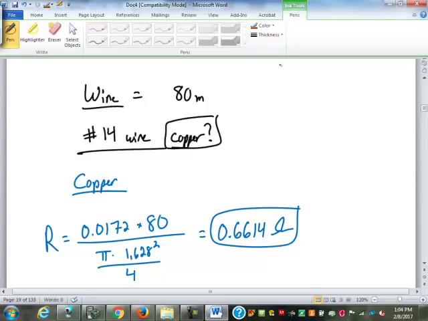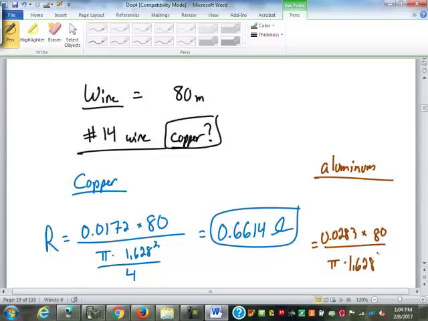What would I expect it to be if it was aluminum? Well, if it was aluminum, instead of the 0.0172, it'd be 0.0283 times the 80 meters over pi times 1.628 squared over 4, assuming it's still a 14 gauge wire.